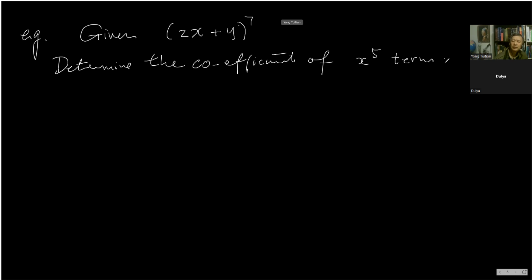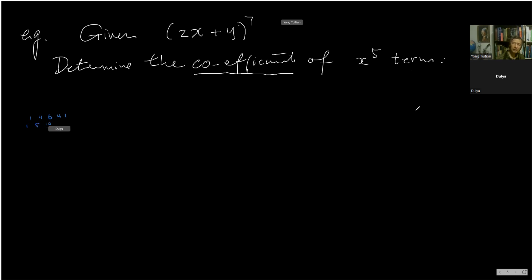You want to try? So we need a number for this coefficient, right? The coefficient is a number. Assuming certainly that one of the terms contains this one. Oh, you don't want to use the general formula.